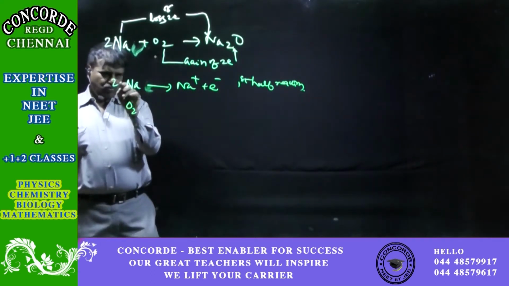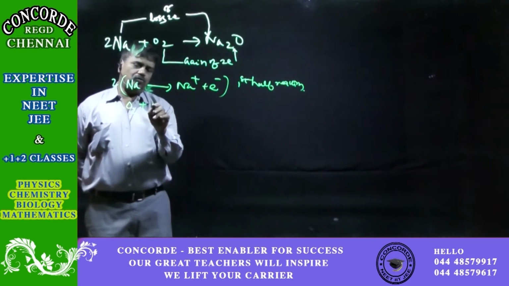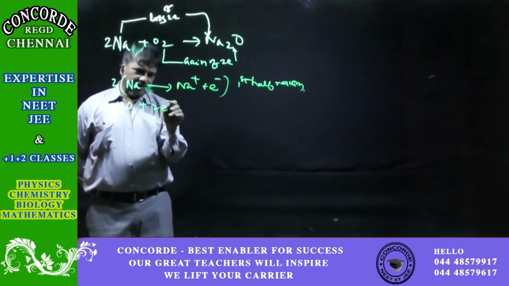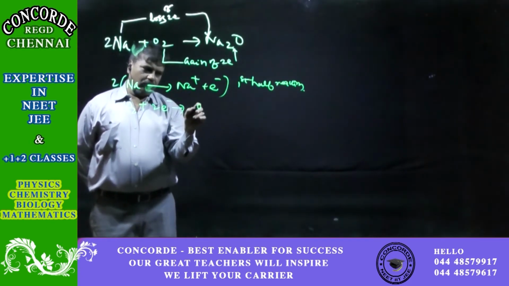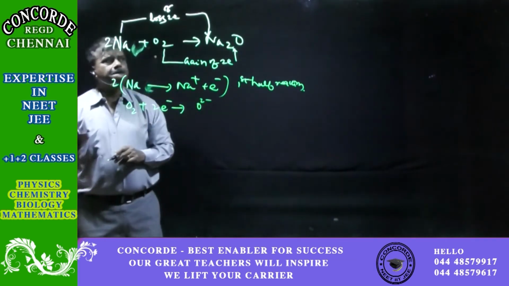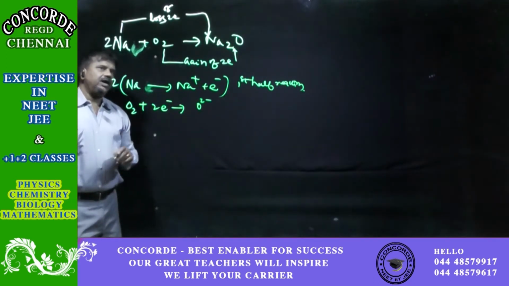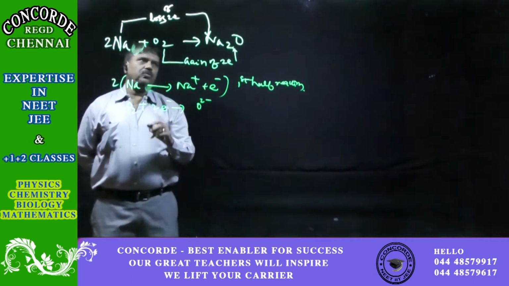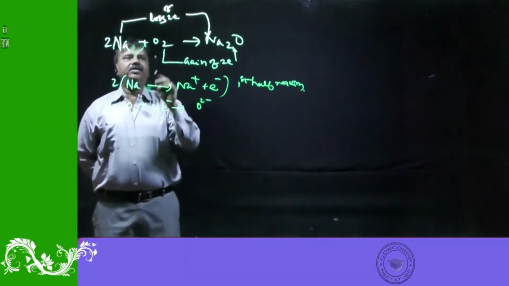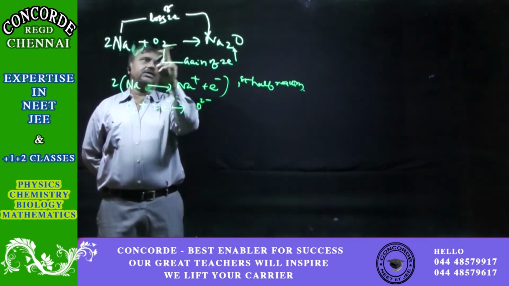So this has to be multiplied by 2 because there are 2 Nas involved. So O2 plus 2 electrons which are generated here becomes O2 minus. Okay, so O2 minus.